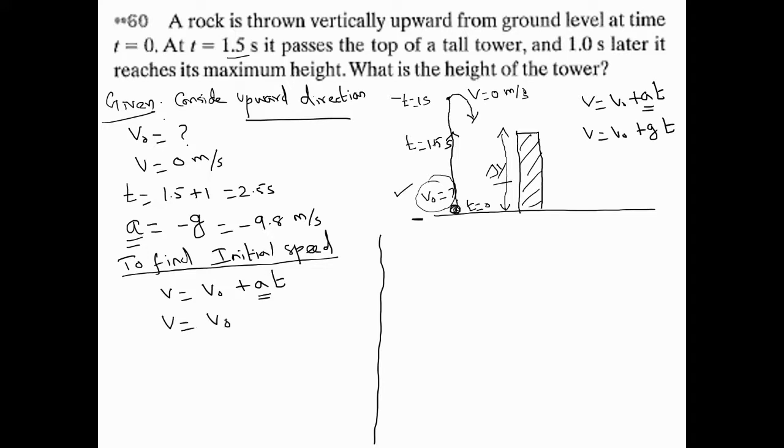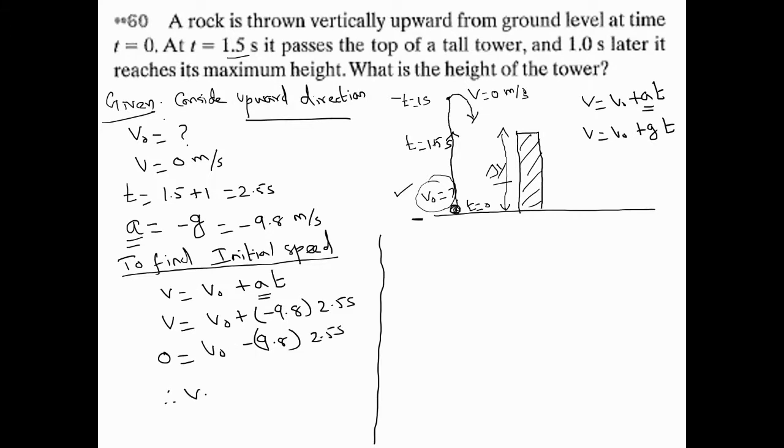V is equal to V naught plus minus 9.8 multiplied by the time, 2.5 seconds. And what is your final speed? It is 0. So 0 is equal to V naught minus 9.8 multiplied by 2.5 seconds.